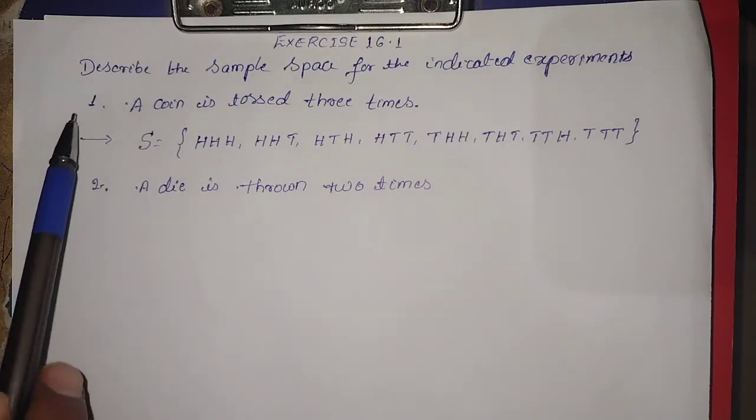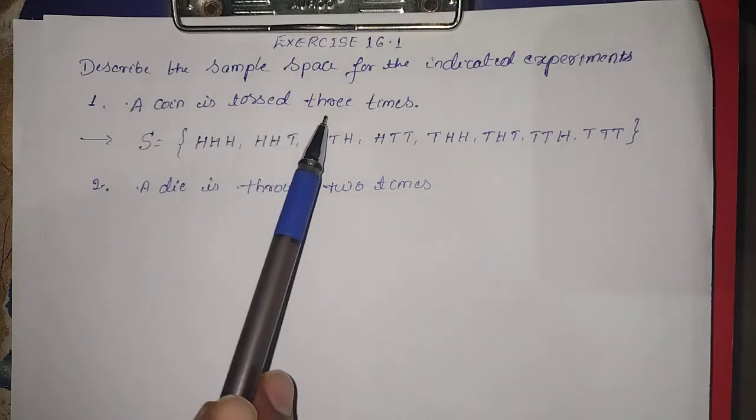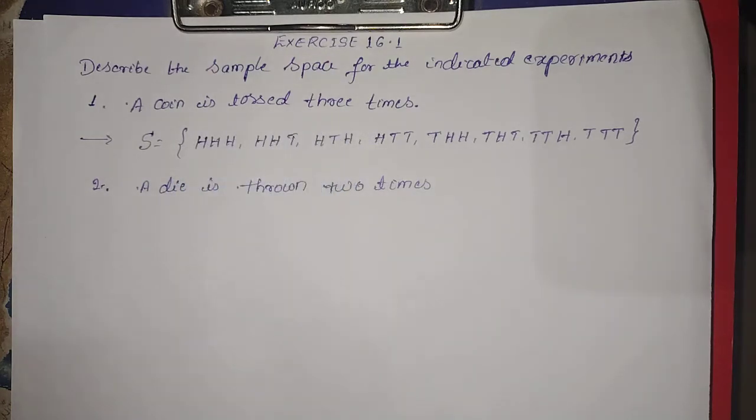See here, a coin is tossed 3 times. If a coin is tossed once, we get two results, a head or tail. If we toss a coin twice, we get four results: HH, HT, TH and TT. Similarly, when a coin is tossed 3 times, we get 8 results.